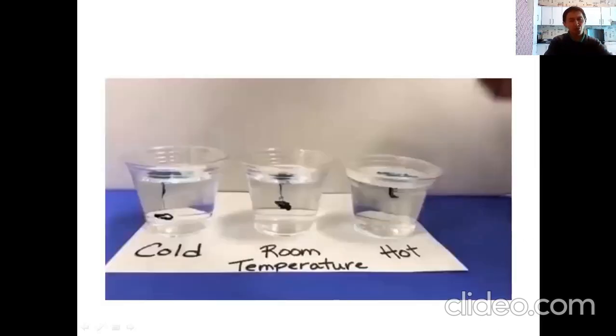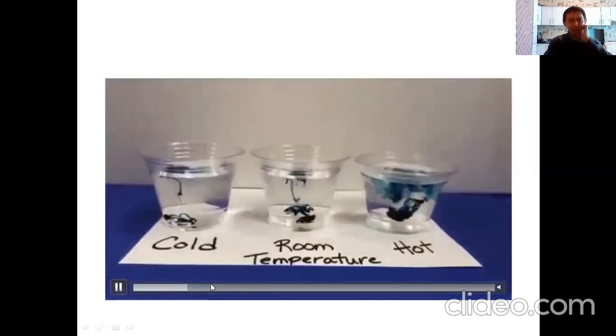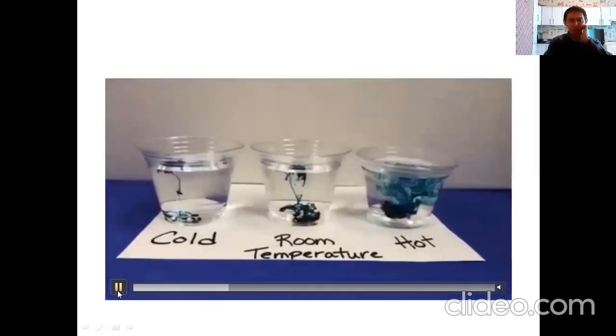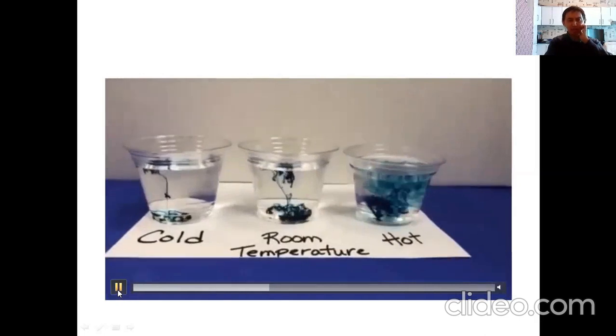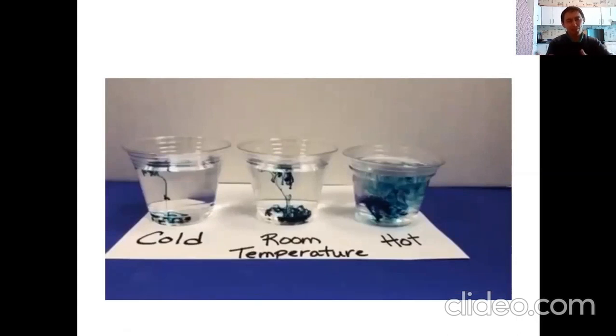I would like to show this video, a demonstration of temperature. As you see in this video, 3 identical containers are filled with the same amount of water, only at different temperatures, and onto the surface of each, paint is spread.